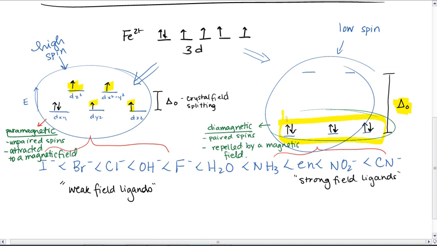This can be handy when you're working through problems, for example. It might not tell you that there was a big split or a little split, but as soon as you see high spin, that means it's able to spread out a lot. If it's able to spread out a lot, what's true about the energy split? It's low. So being given that information can be helpful as you work through problems.